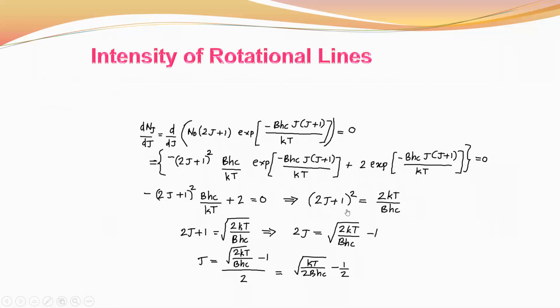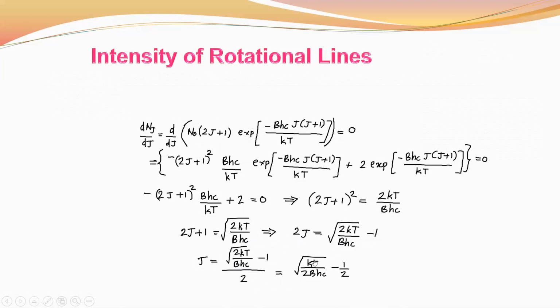Then 2J plus 1 whole square is equal to 2kT divided by Bhc, or 2J plus 1 is equal to root of 2kT divided by Bhc, then 2J is equal to root of 2kT divided by Bhc minus 1.